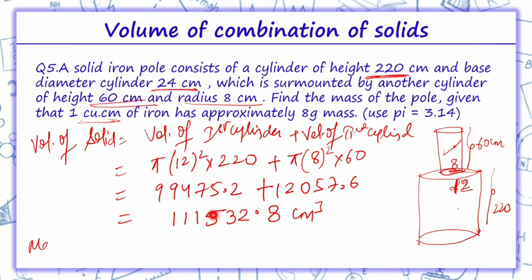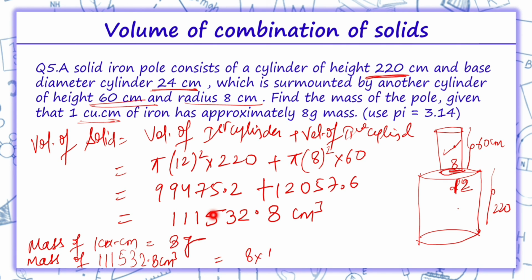Now, since they have given that the mass of 1 cubic centimeter is 8 gram, the mass of 111,532.8 centimeter cube will be 8 into 111,532.8, which is equal to 892,262.4 gram.